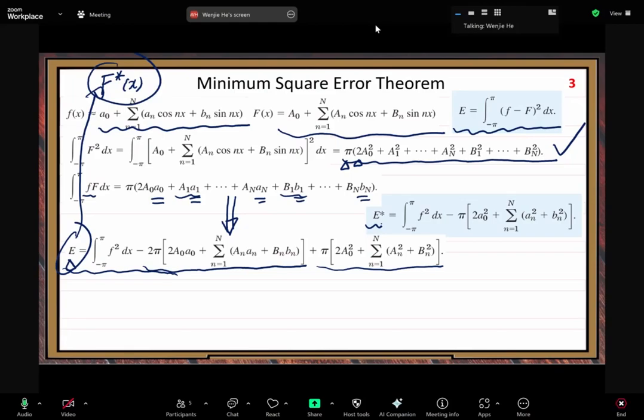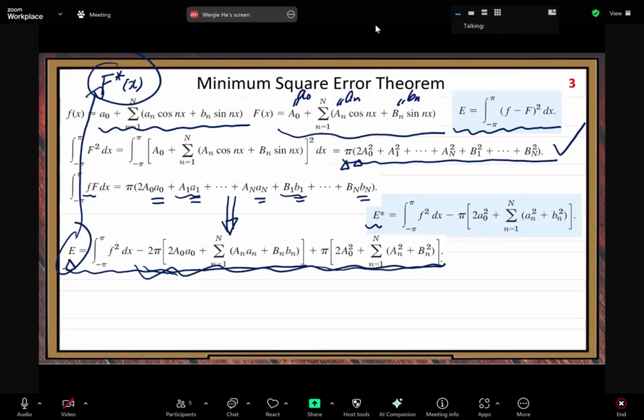How do you get star? We make capital A 0 equals little a 0, capital A sub n equals little a sub n, capital B sub n equals little b sub n. We choose the special capital A, capital B. When we choose that, lot of cancellation here, right?